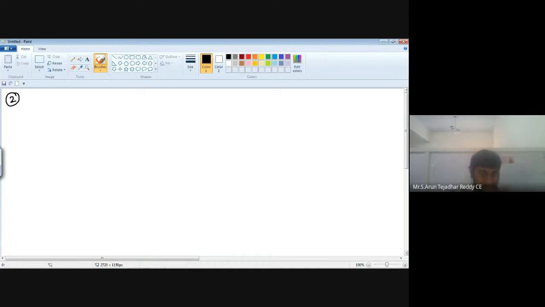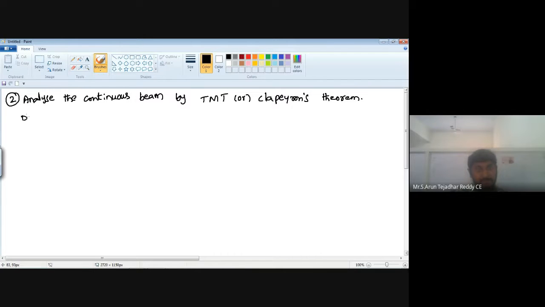Okay. All of you open your notebooks and start the second problem. Analyze the continuous beam by TMT or Clapeyron's theorem. Draw BMD and SFD.